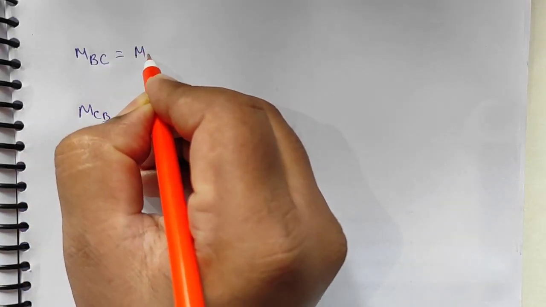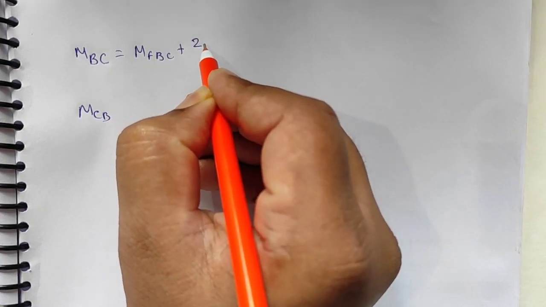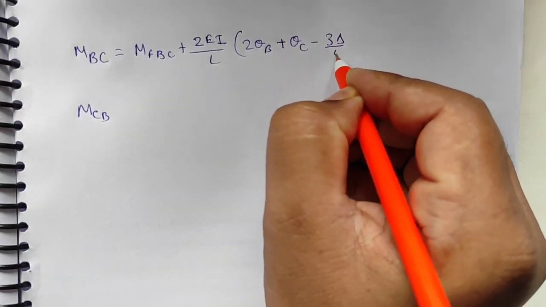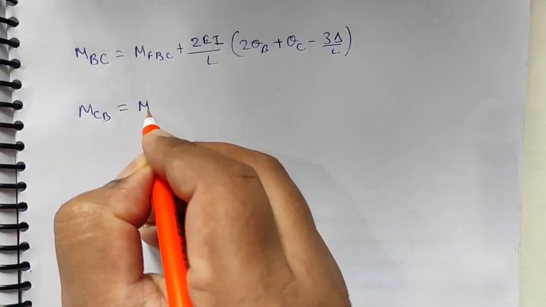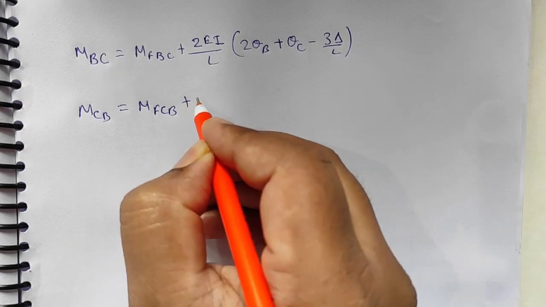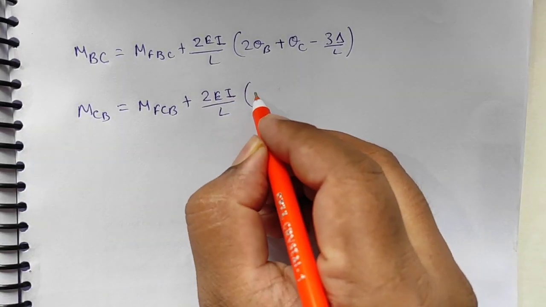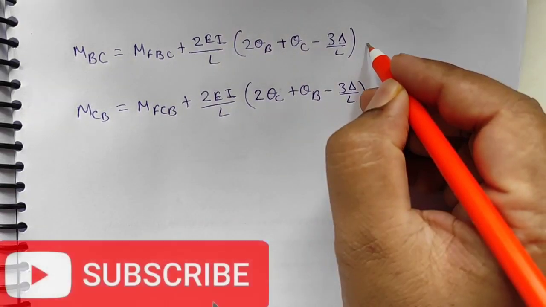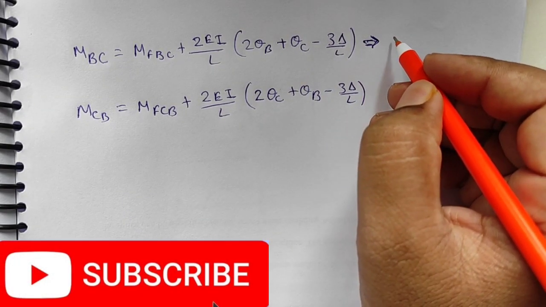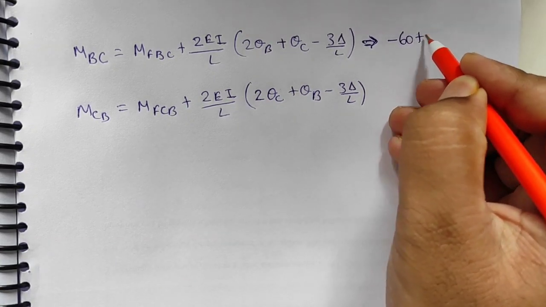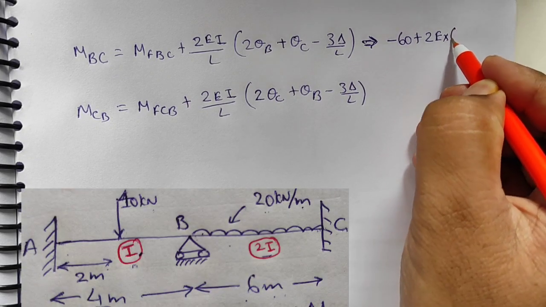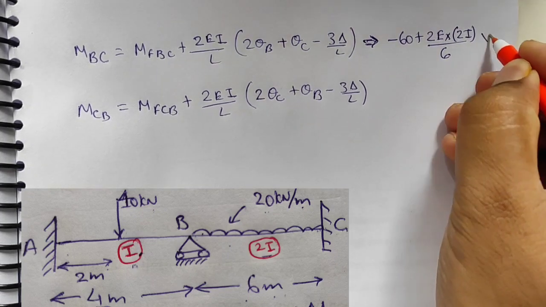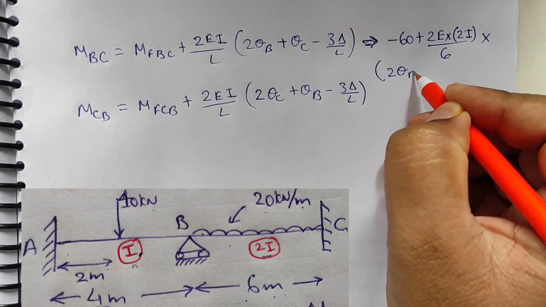MBC equals MFBC plus 2EI upon L multiplied by 2 theta B plus theta C minus 3 del upon L, and the formula for MCB will be MFCB plus 2EI upon L multiplied by 2 theta C plus theta B minus 3 del upon L. Now I'll put the values as I have evaluated: MFBC is negative 60 plus 2 into E into, here the value of I is 2I as specified in the question, upon the length L which is 6 meter, multiplied by 2 theta B plus theta C.